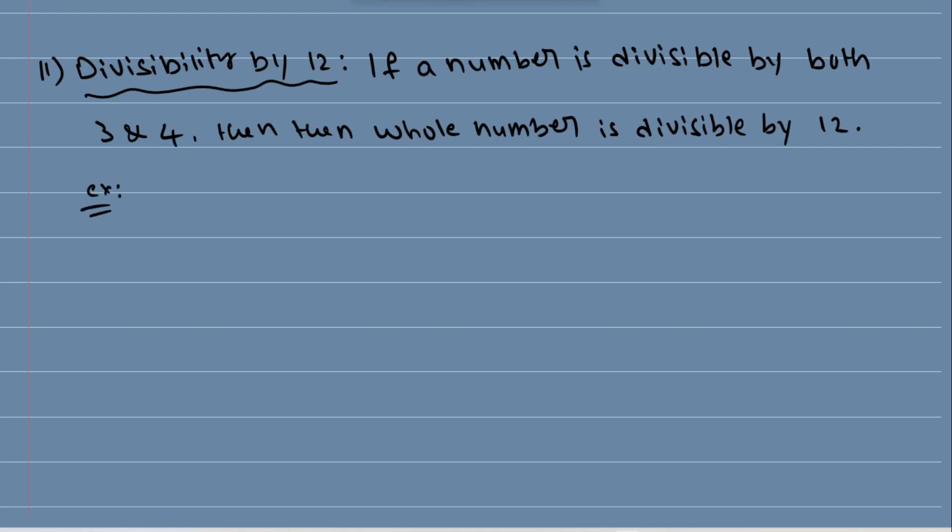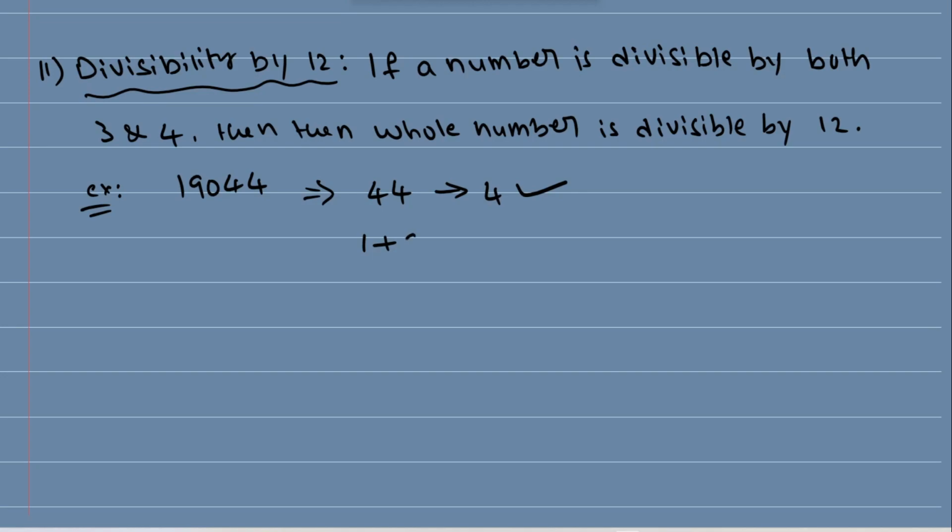Example would be 19044. Okay, for the 4 divisibility rule, let's take the last 2 digits. By looking at them, we can say the 4 divisibility is okay.